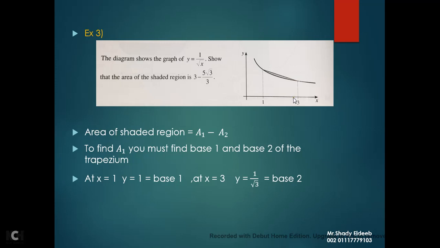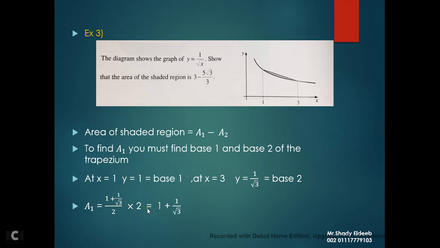Now we can find the area of the trapezium or trapezoid. A1 will be base 1 plus base 2 over 2, multiplied by the height. This is 2, and base 1 is 1, and base 2 is 1 over root 3.